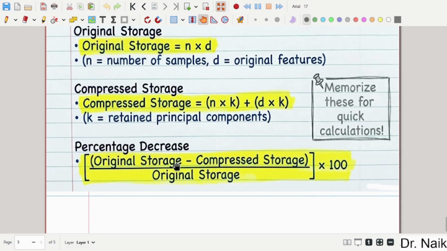Percentage decrease is calculated by the formula original storage minus compressed storage, divided by original storage, whole multiplied by 100.